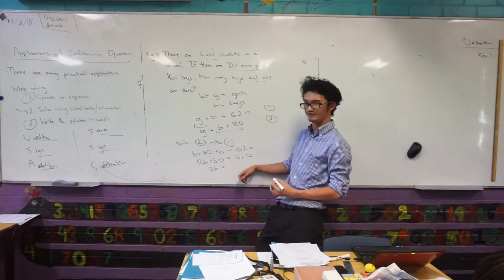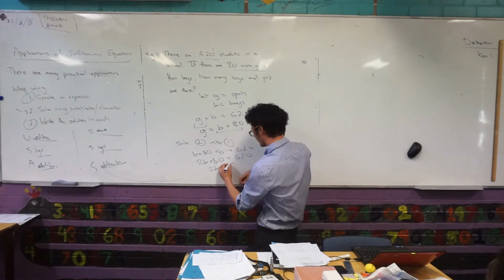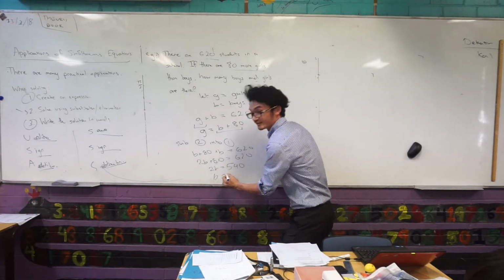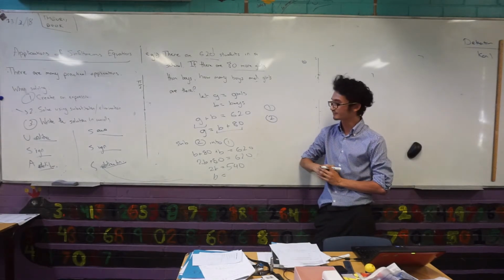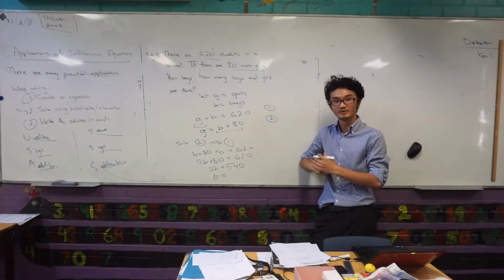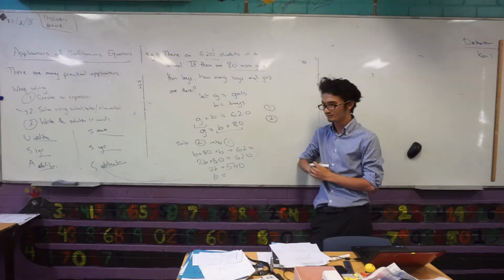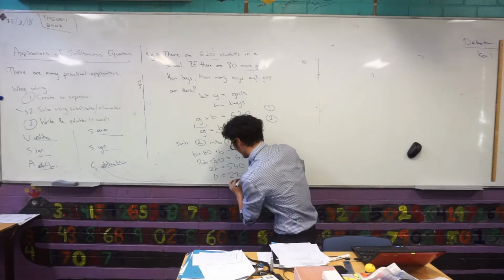What would that be? 540. Yeah, 540. And then last step, Jade, how can I get B as the subject here? What do I need to do? Divide by 2. Yeah, divide both sides by 2. 270, yeah. Cool.